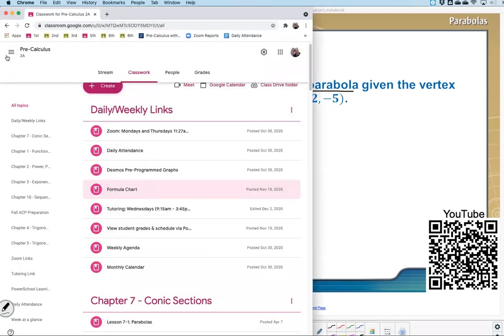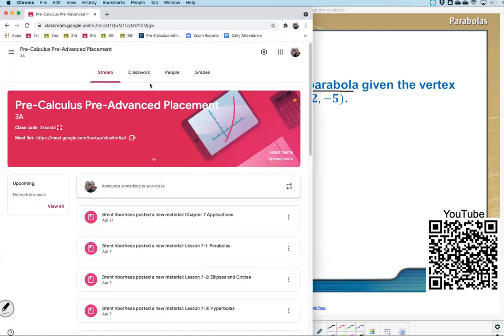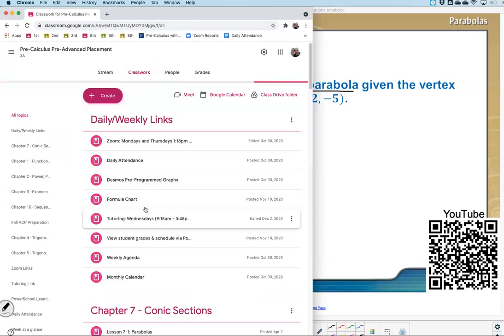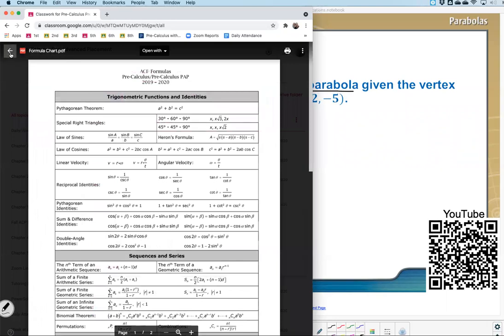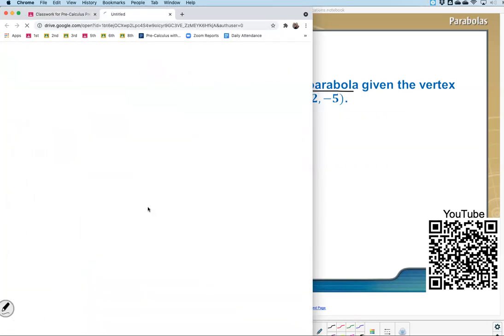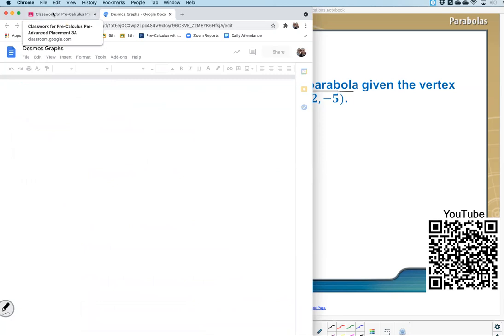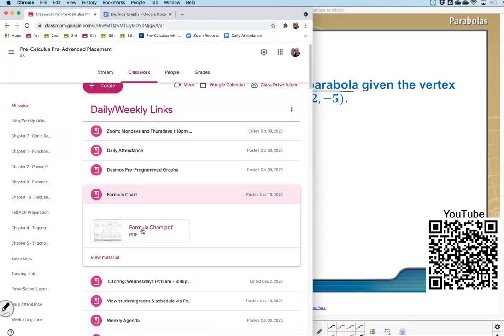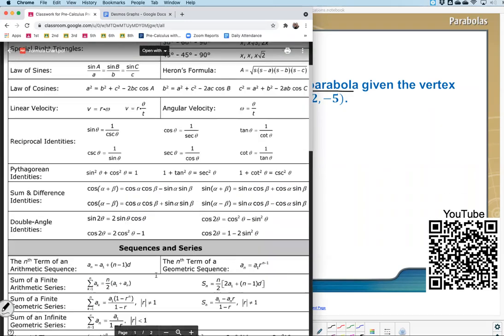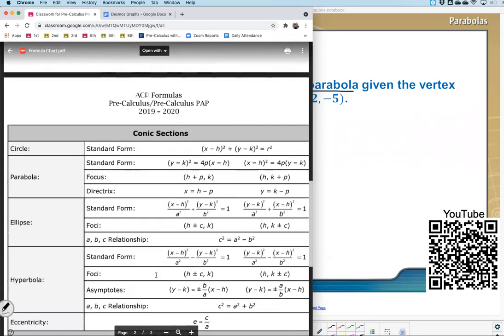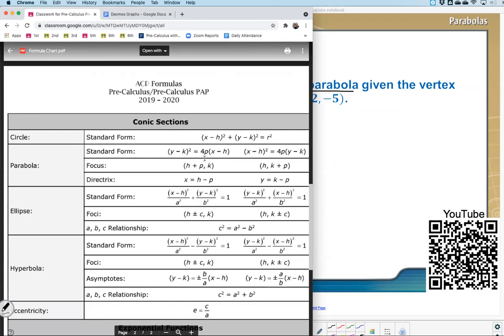And so what I would recommend for you is to follow the formula chart that we have. You open this up, and also today I'm going to be using some Desmos, so I'll open up a pre-programmed graph there. But I'm going to open up the formula chart on this tab, and I'm going to go to parabolas. Where are they? There we go, second page, parabolas, and I'm going to copy down the basics of what I know is true.